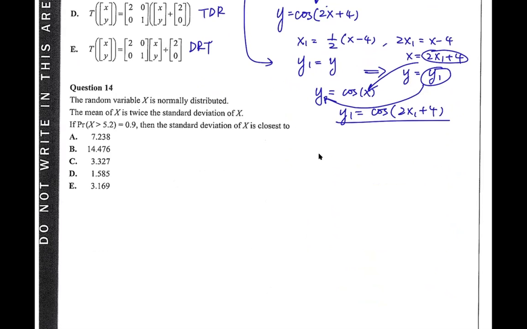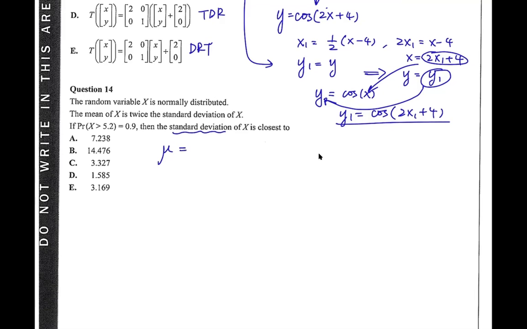Question 14. The random variable x is normally distributed. The mean of x is twice the standard deviation of x. So mu and sigma. I would say mu is 2 sigma.